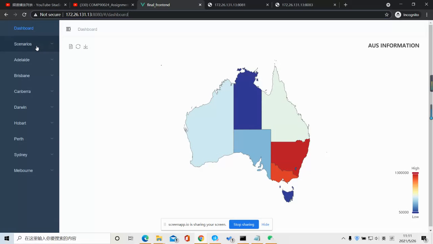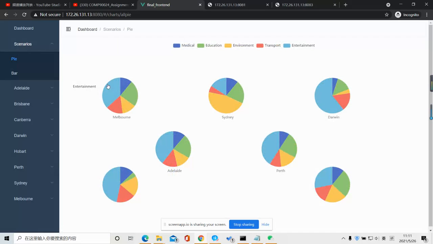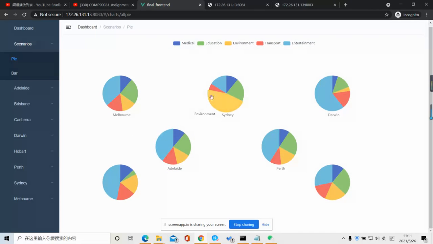In scenarios, we've got a pie chart and a bar chart. For the pie chart, we show the discussion level, or how much certain topics are discussed on Twitter in each state. For example, the darker blue is for medical, and the green is for education.